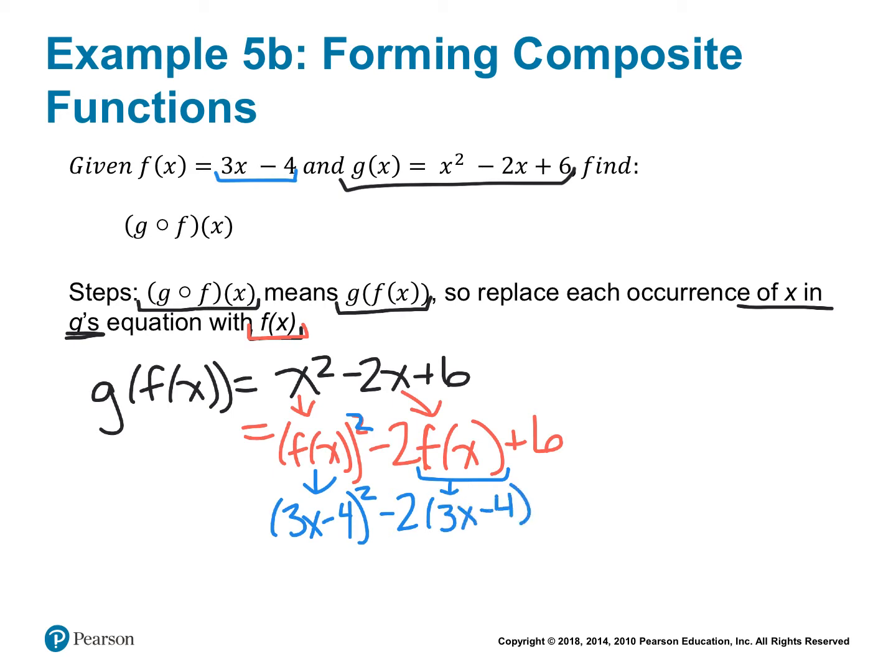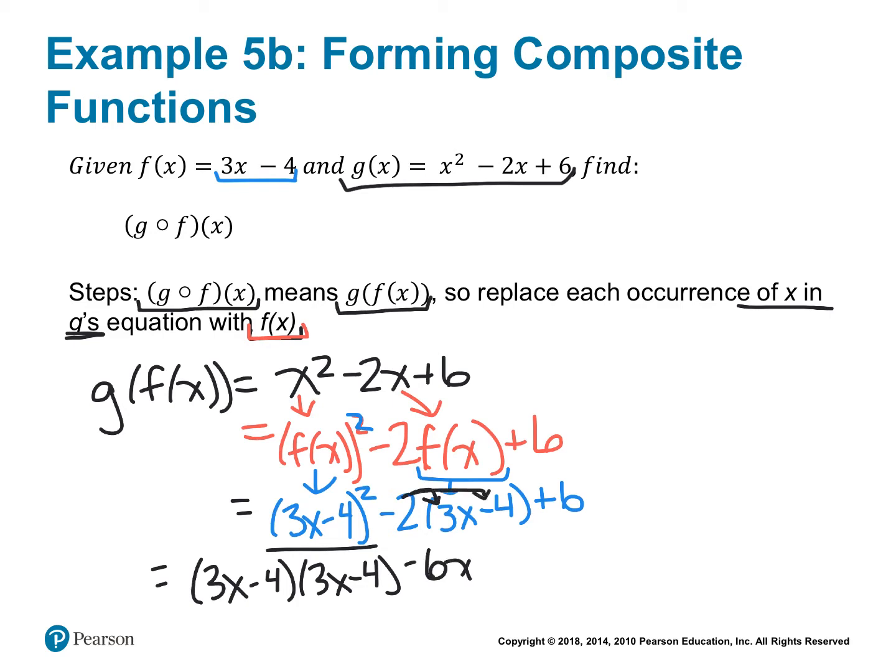So it's just a lot of substitution, and then you're going to be simplifying. So here I have 3x minus 4 squared. So that's 3x minus 4 times 3x minus 4. And I can distribute negative 2 times negative 4 is positive 8 plus 6.